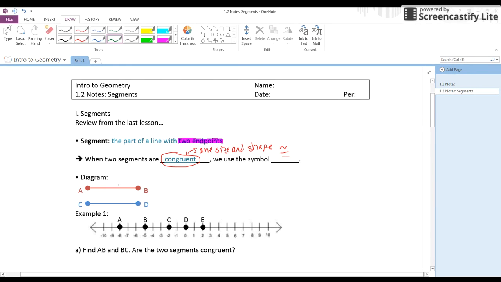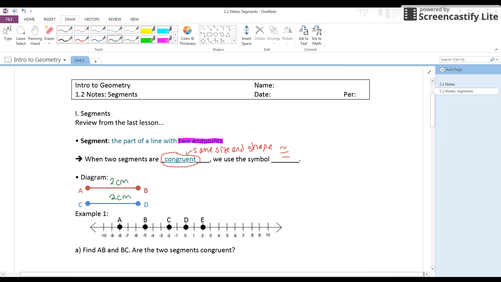When we say, okay, they're equal, and someone says, how do you know? We can prove it by using actual facts. So looking at these two segments, AB and CD, we can't say they're actually congruent or equal right now. But if, for example, we knew their lengths, their measurements, remember we can measure them now because we have endpoints. So for example, if I had told you that AB is 2 centimeters and CD is 2 centimeters, what do we just see here?